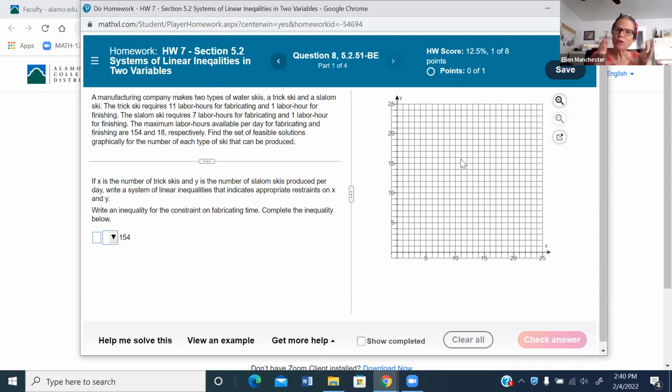What it does is it organizes the information. So I'm going to set up my table by, let me move this out of the way here so I have more room. I'm going to set up my table by reading through the information and writing down the information that I think I'm going to need.